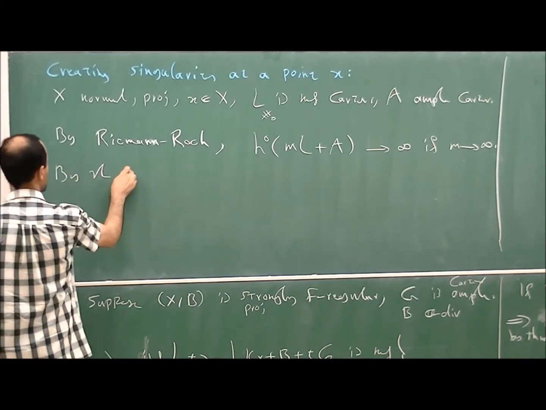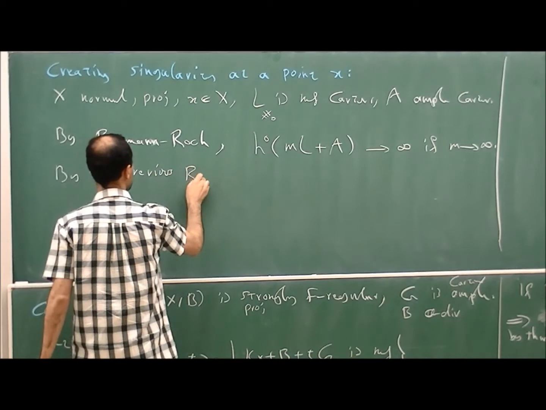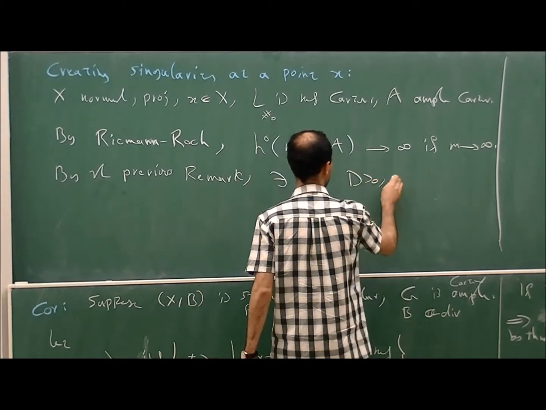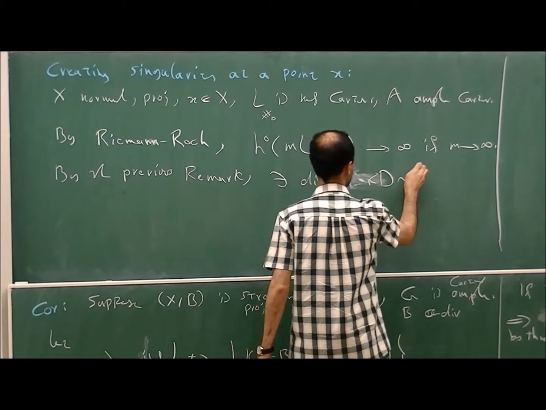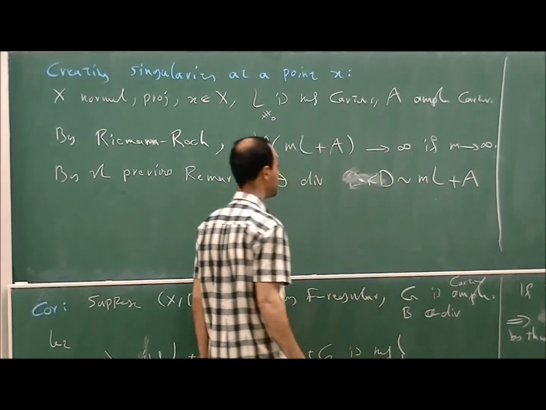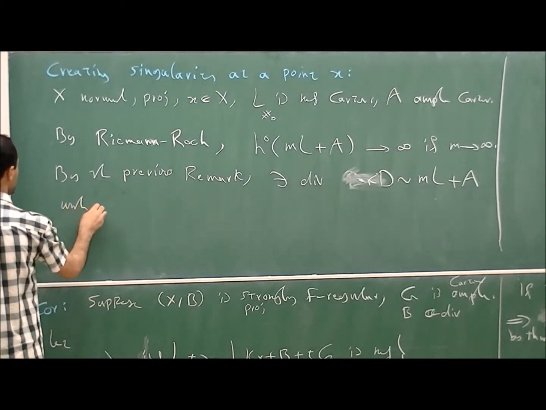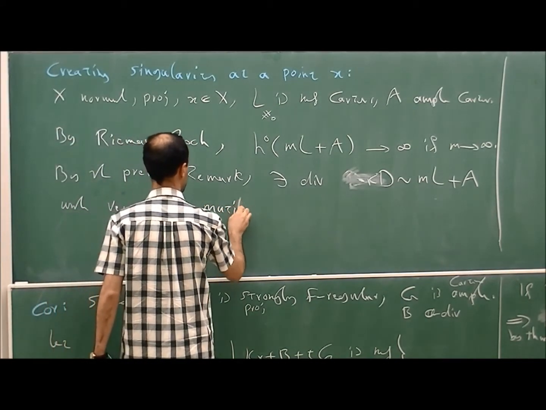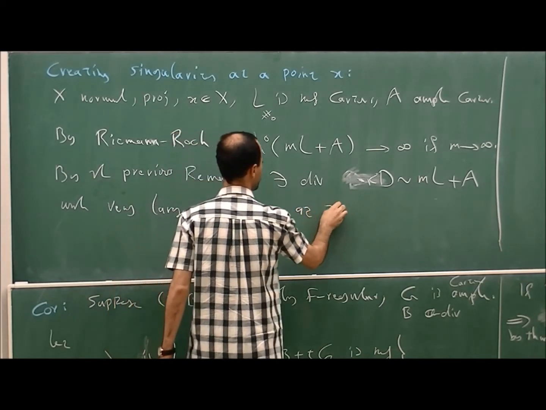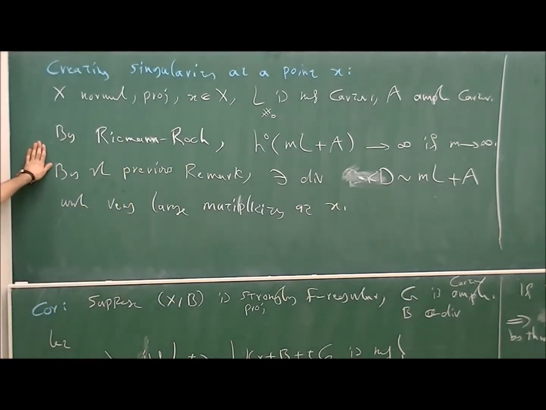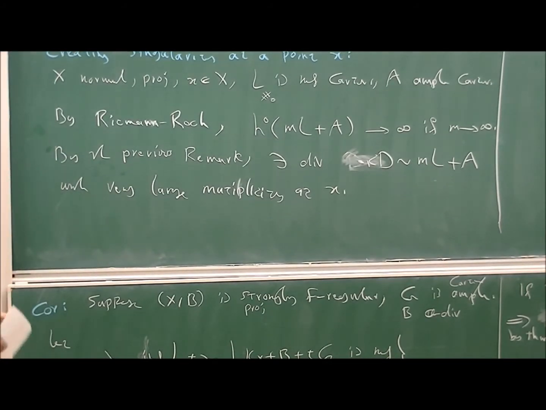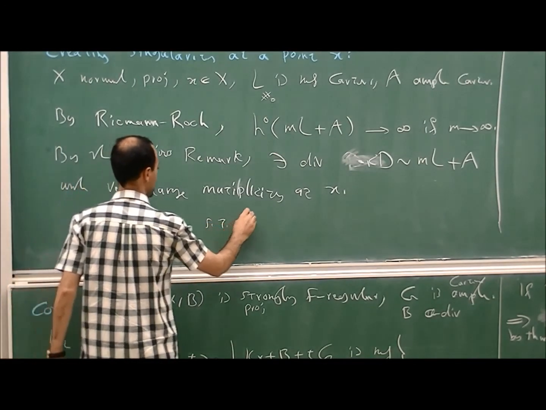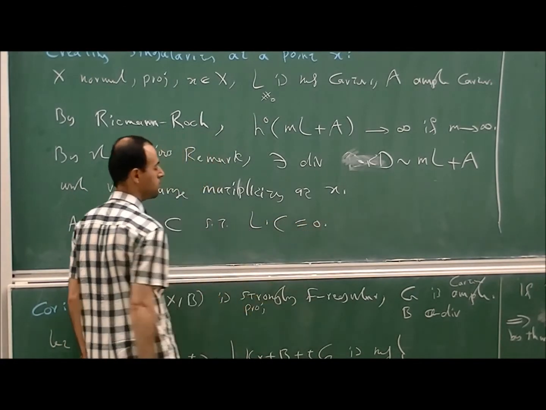So by the previous remark, there are divisors D linearly equivalent to mL plus A such that D has very large multiplicity at the given point X. Now, assume for a moment that there is some curve C such that L intersection with C is equal to 0.